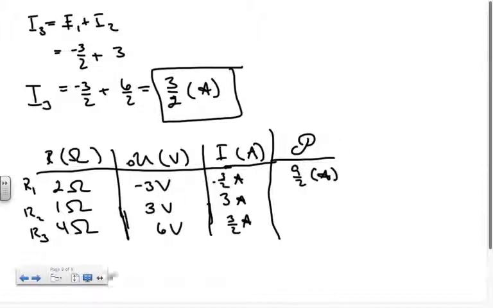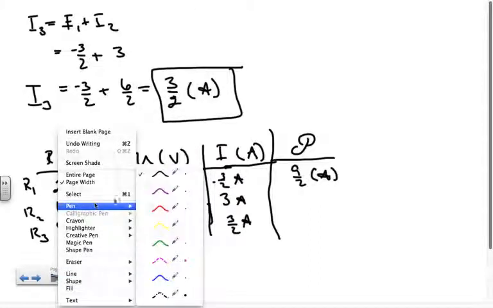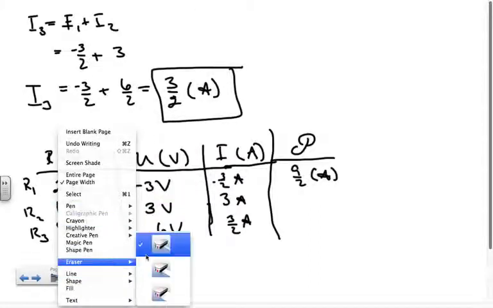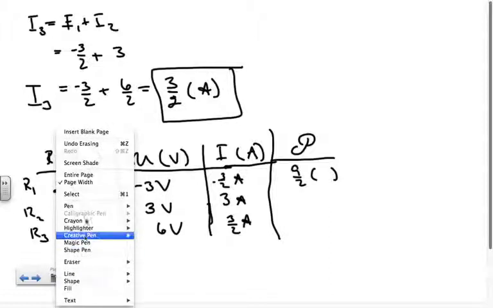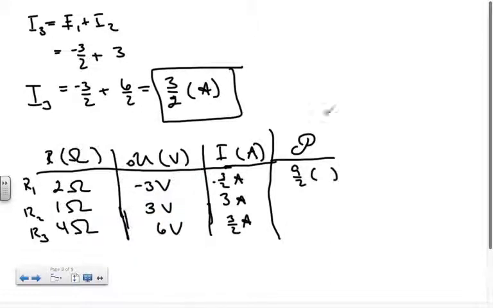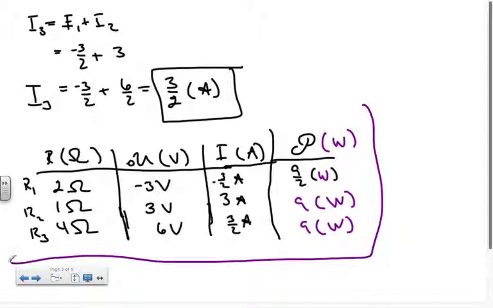Oops, I'm sorry. Power is in watts. The only American to get a unit named after him, go figure. So, and then this is in watts. And then 3 times 3 is, of course, 9. And this will also be 9 watts. And that's the problem, and that's how you do it, basically.